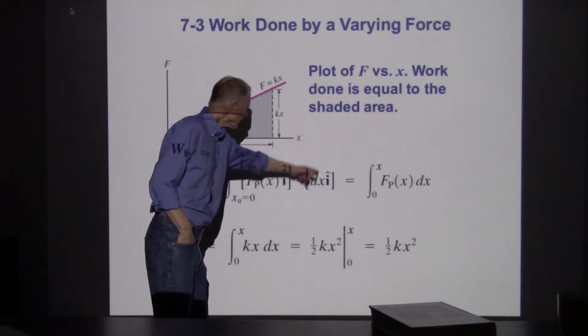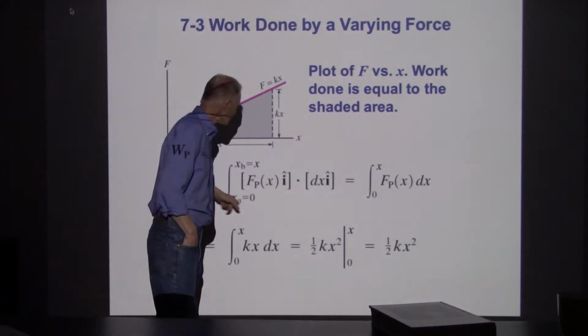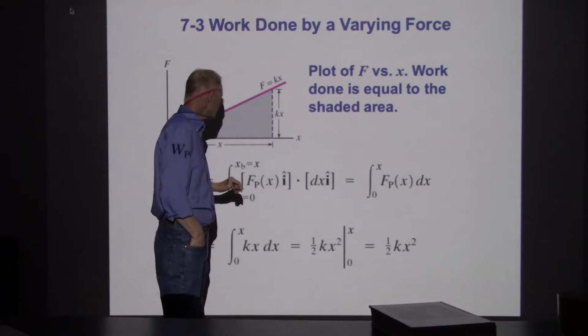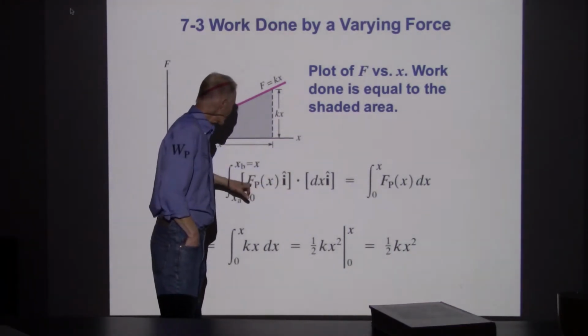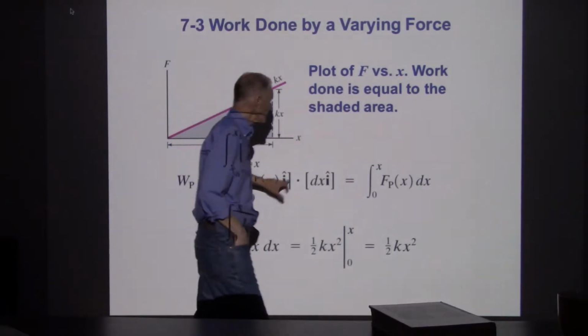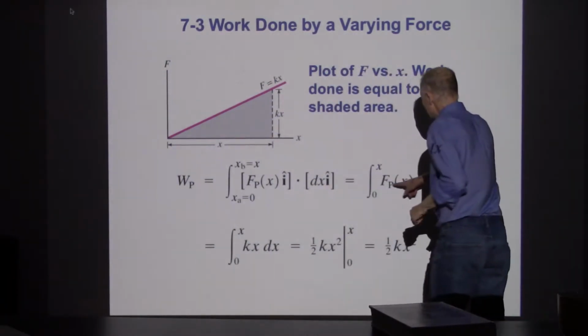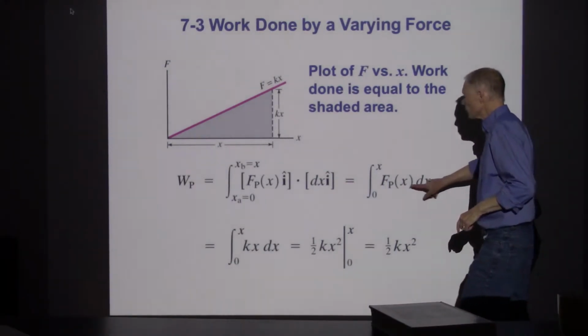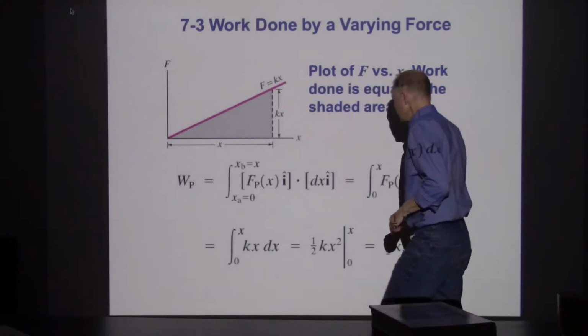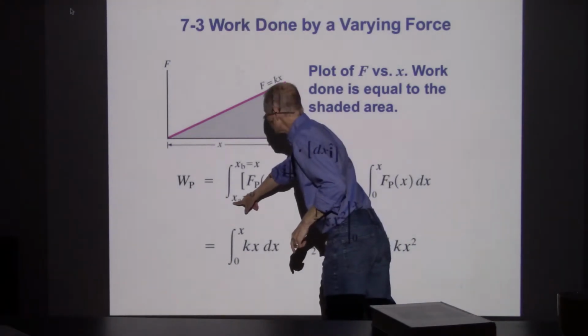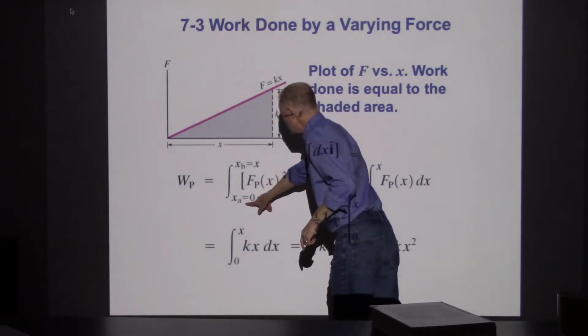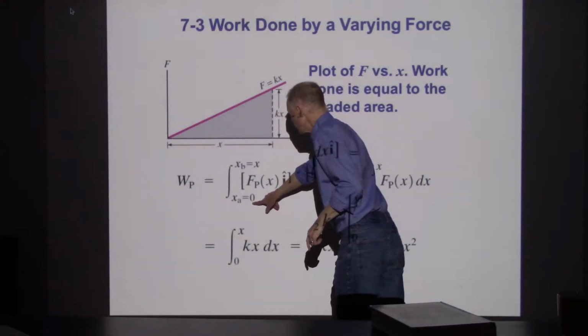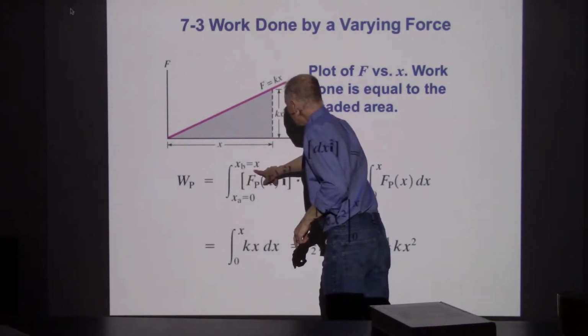So this part of the formula, now they're doing this in a lot of detail, the dot product of this formula leaves us with just the force times dx. So the magnitudes remain. Now the limits of integration, they're saying, is we're going to start off at some location that we call 0, and the final location will be x.